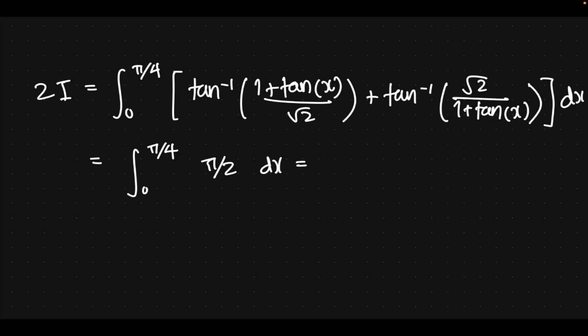So that just becomes pi squared over 8, and that's 2I, so I is pi squared over 16. Perfect. The last question, which is probably the more challenging question in this video.